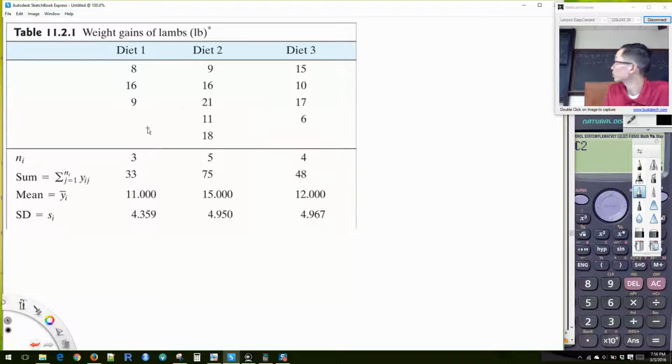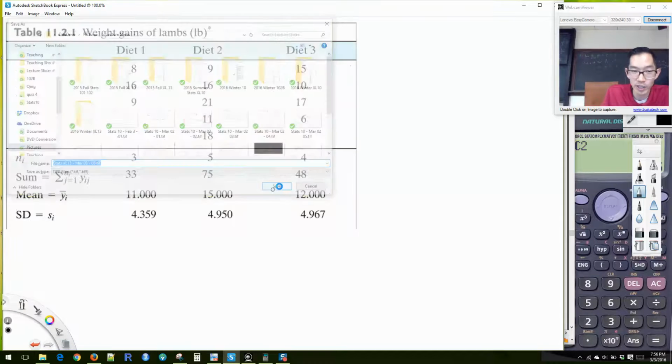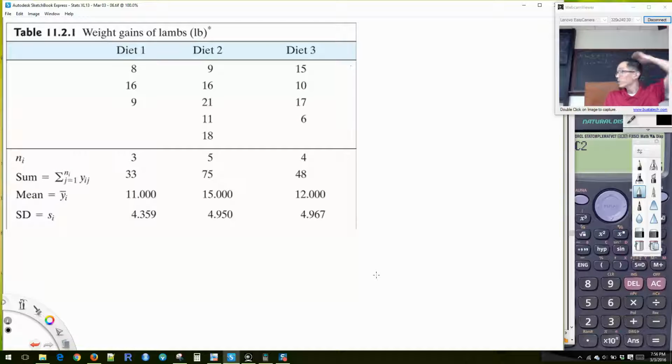This is artificial made-up data, but it has some nice properties. We're looking at the weights of lambs, and we have 3 different diets that we can give them, and we record how much weight the lambs gained after a few weeks on these diets.